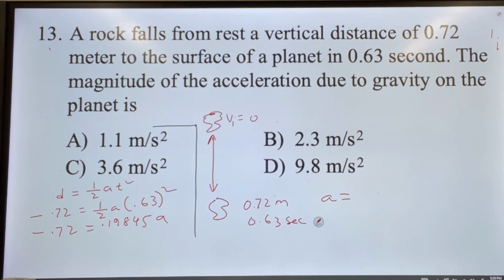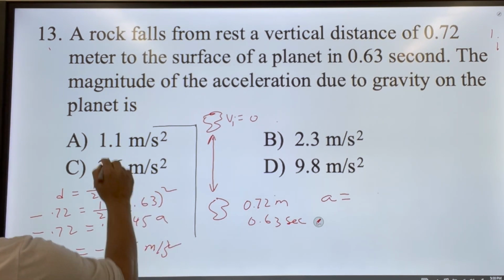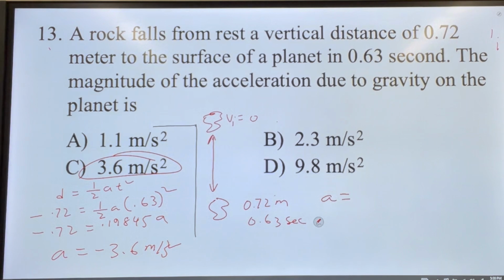So 0.72 divided by 0.19845 would be 3.6. So acceleration is negative 3.6 meter per second squared. So that is the absolute value of the acceleration of this planet we are talking about.